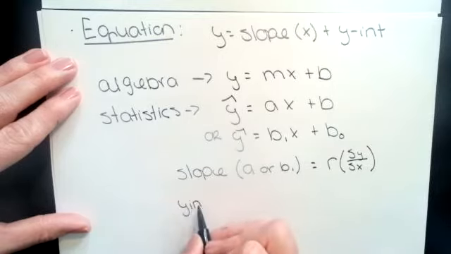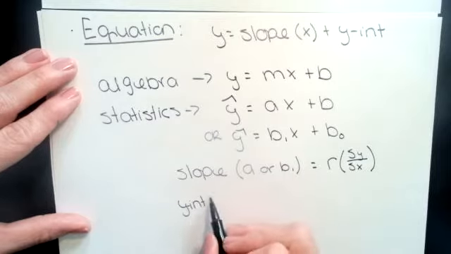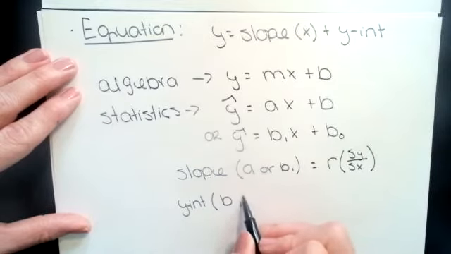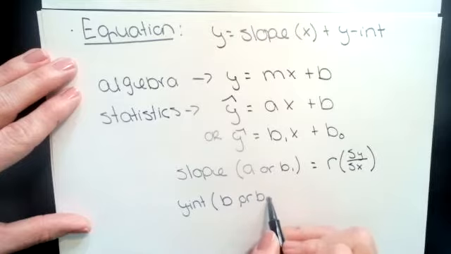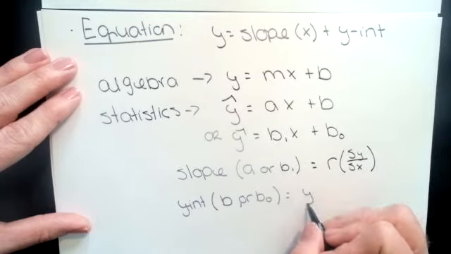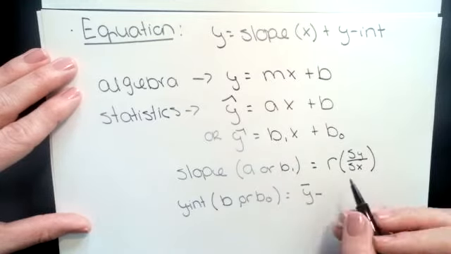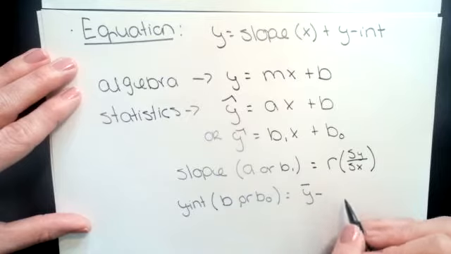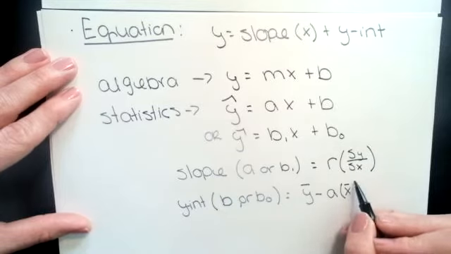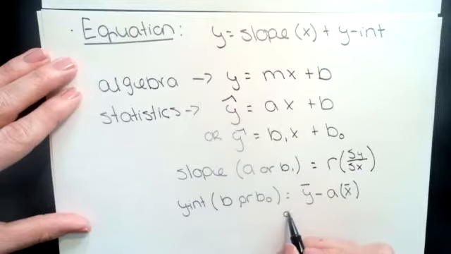And the y-intercept, which of course here is my b from my first equation, or b naught from the second equation, looks a little bit more familiar from algebra. This is going to be y bar minus a times x bar.